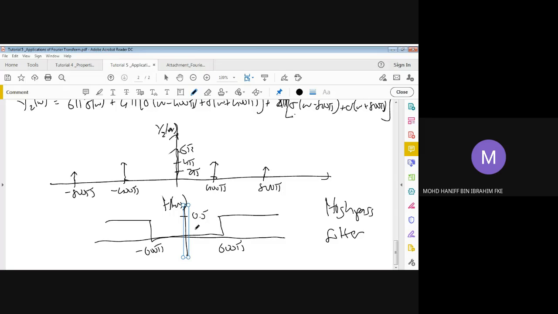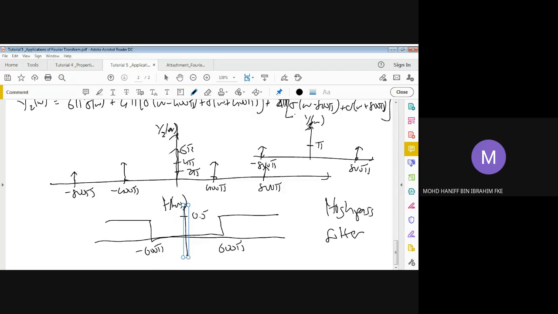Based on this response, 2 impulses can be passed through, which are at 800 pi and negative 800 pi. So Y3 omega is going to have 2 impulses only, at 800 pi and negative 800 pi. The amplitude will be 2 pi multiplied by 0.5, so the amplitude is pi.